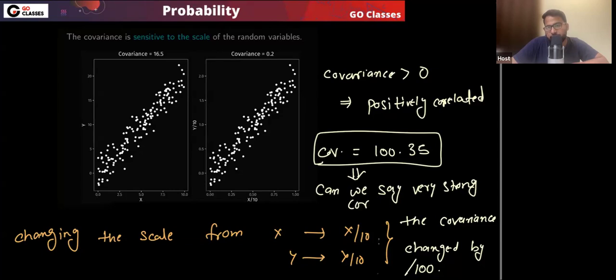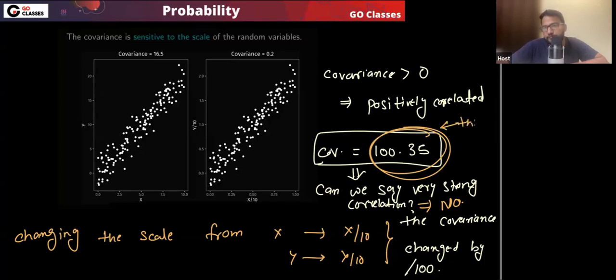Tell me. The answer is no, right? We can't say anything. This number doesn't tell you anything. The magnitude of the covariance doesn't tell anything.